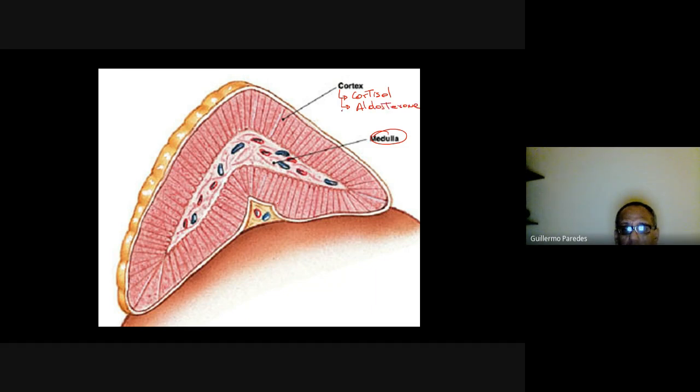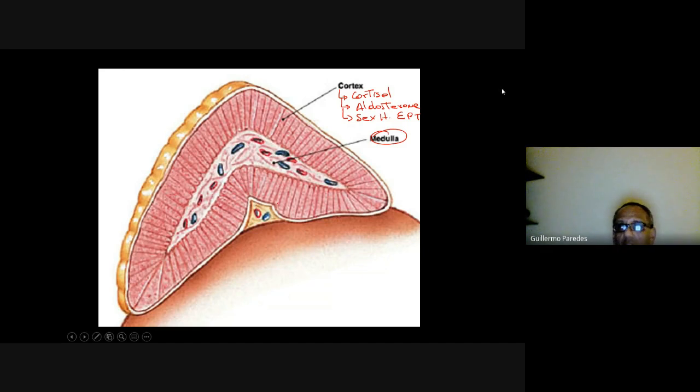And number three, the sex hormones: estrogens, progesterone, and testosterone. So don't get confused. The testicles produce testosterone, yes. The ovaries produce estrogen and progesterone, yes. And the adrenal gland cortex produces testosterone, estrogens, and progesterone too.